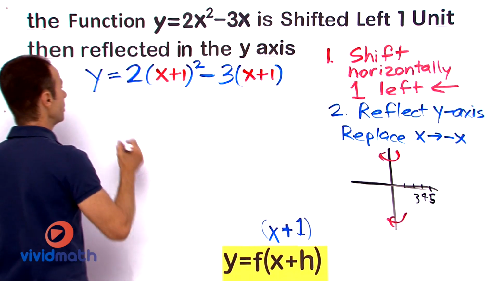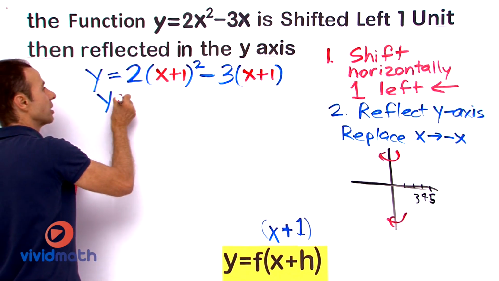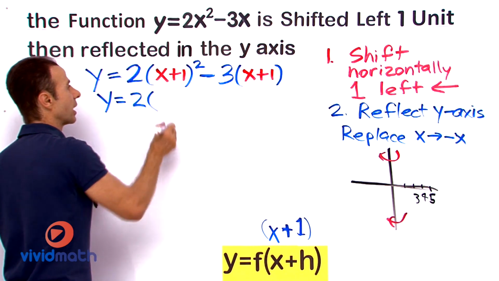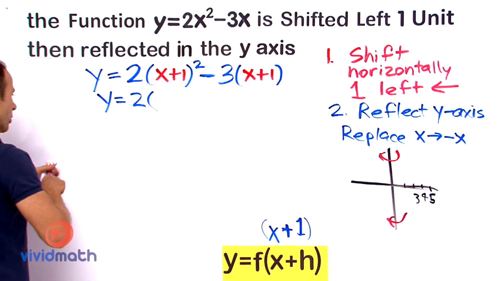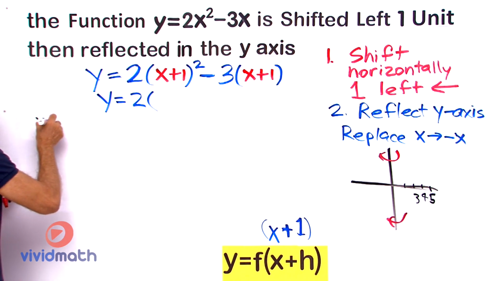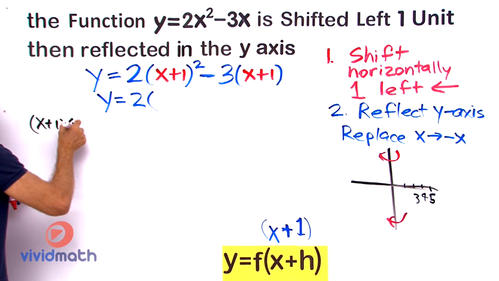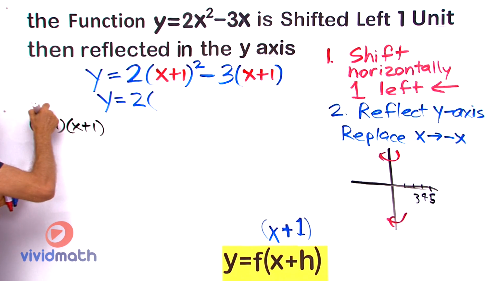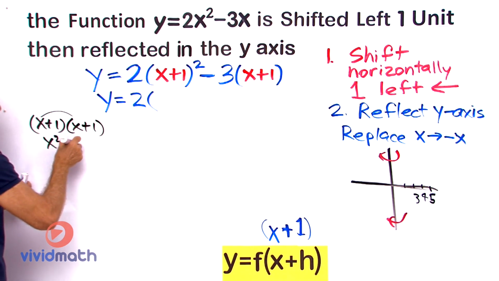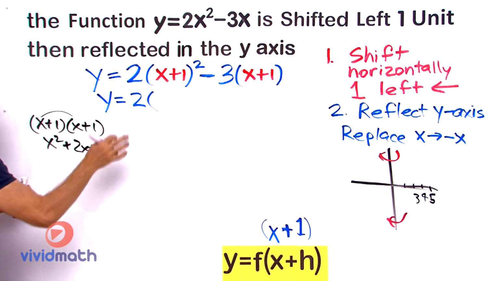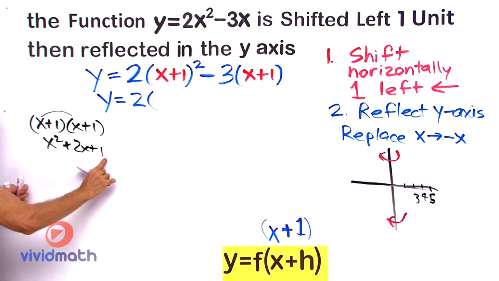Let's expand and simplify. So y is going to equal 2 in bracket. Now x plus 1 all squared. If I was to work that out, let me work it out here. X plus 1, x plus 1. Do the FOIL method. So that's x squared plus x plus another x. That's plus 2x plus 1. So we're going to put that in there. X squared plus 2x plus 1.